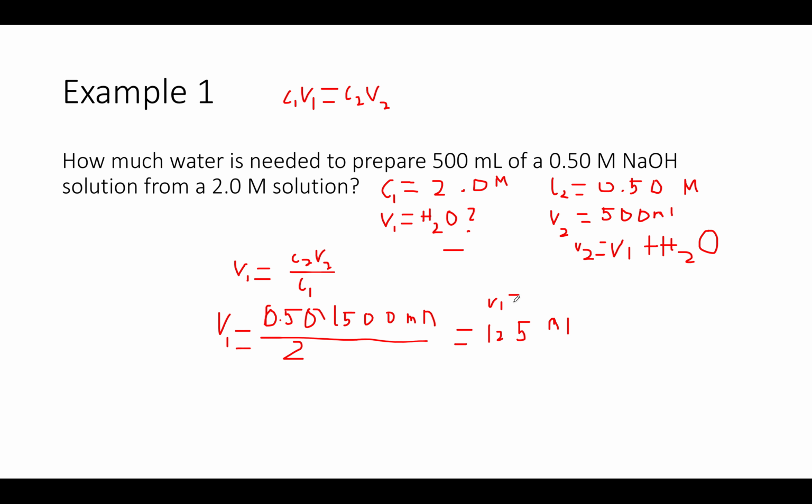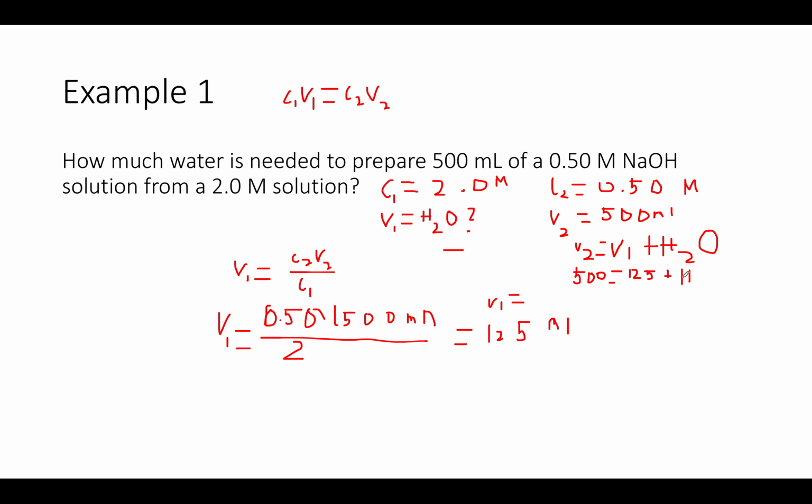So that's what V1 equals. I'm looking for how much water, so I need to subtract V1 from V2. I know that V2 is 500 mils and that V1 is 125 mils.